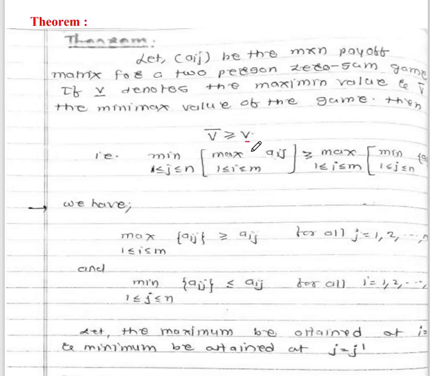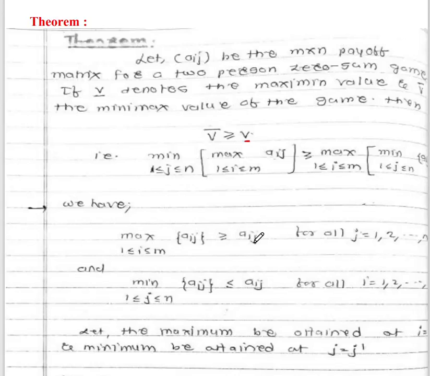So this is lower bar. That means we have to prove that minimum over j from 1 to n of maximum Aij, where i lies between 1 to m, is greater than or equal to maximum over i of minimum Aij, where j lies between 1 to n. So we have to prove this theorem.